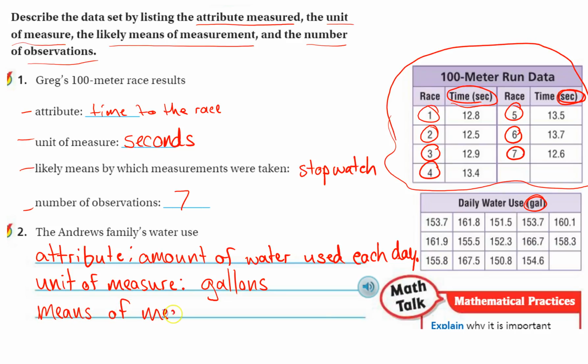What did they use to measure? And they would just look at, you could look at your water meter. To decide that. And then number of observations. How many days did they look at?